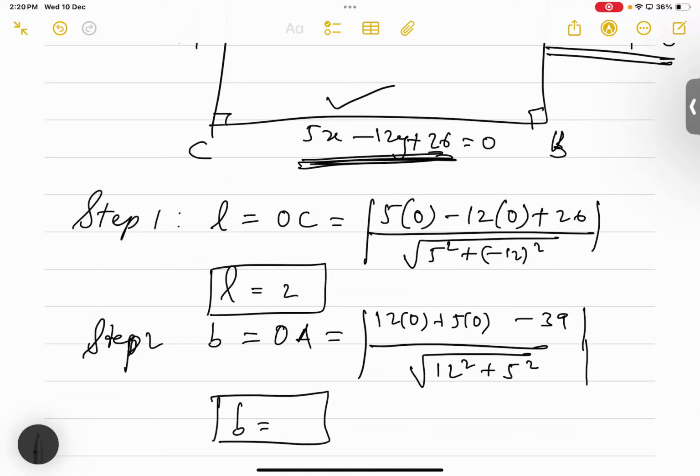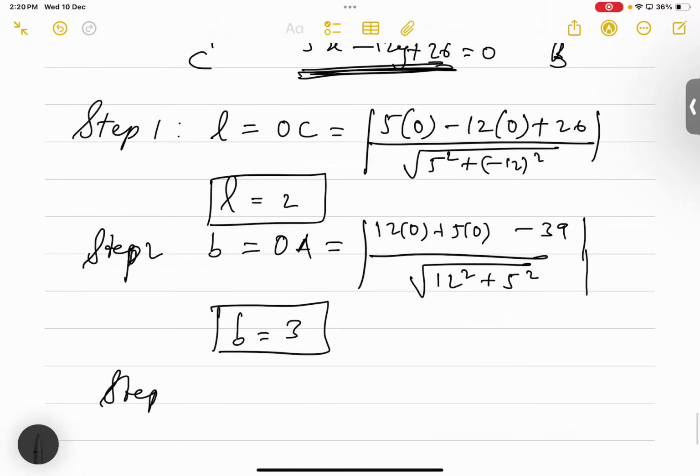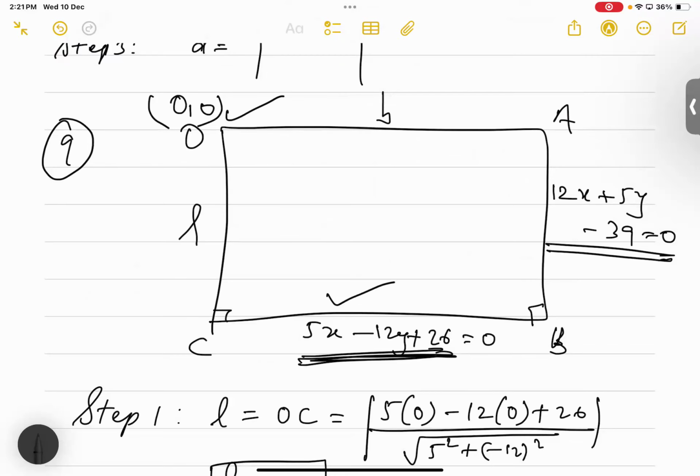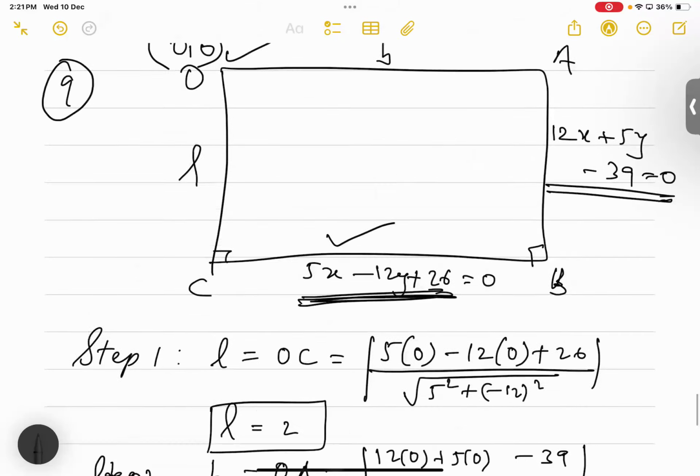So 39 upon 13, which is equal to 3. Step 3, there is a modulus; distance cannot be negative. When to take plus minus if there is an unknown within the modulus? So area of the rectangle is L into B, 2 into 3, 6 square units. So two perpendicular distances we calculated, one was the length, the other was the breadth. Please copy.